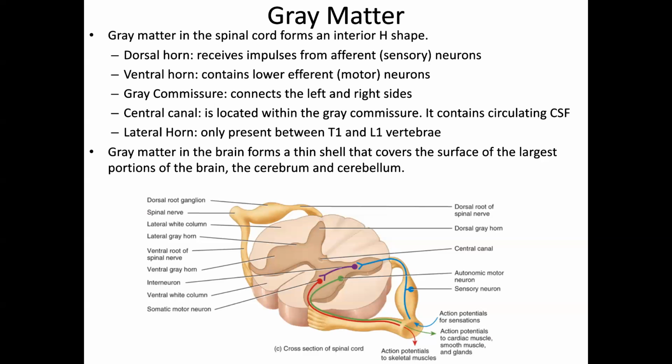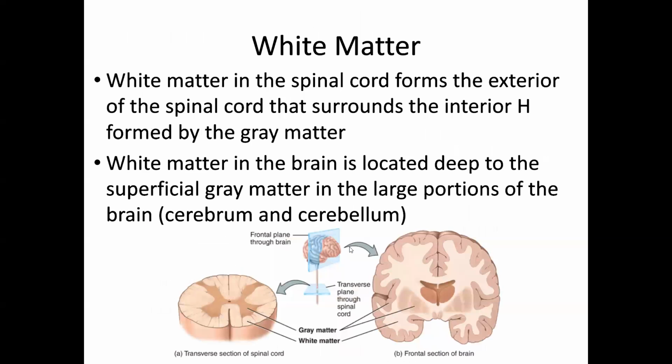Even if it's a spinal reflex like the knee jerk reflex or the flexor withdrawal reflex, we're still going to involve signals going up and down the spinal cord using that white matter, which surrounds the H form of the gray matter, which is the reverse of what we see in our brain. In our brain, both in the cerebrum and the cerebellum, the white matter is on the inside, deep to that superficial layer of gray matter.